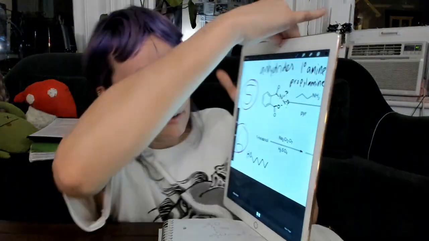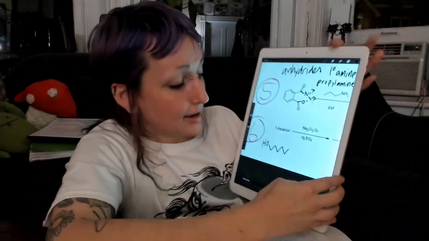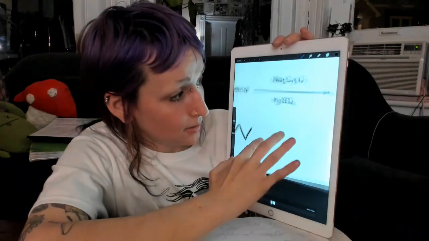I'm going to make a chart for you really quickly. This chart is available in Christine's notes for chapter 11, but chromic acid did the same thing as another reagent that we had.